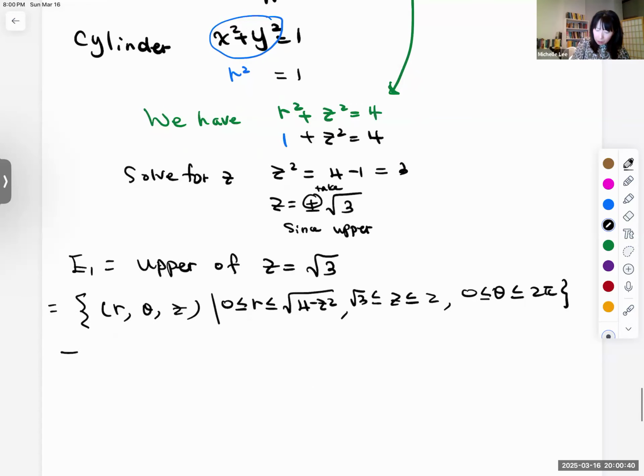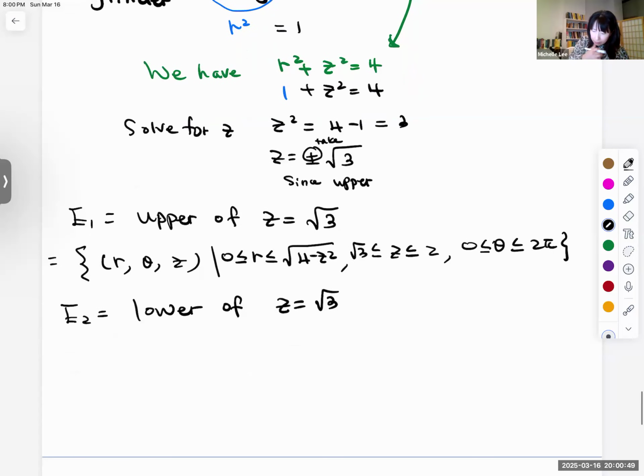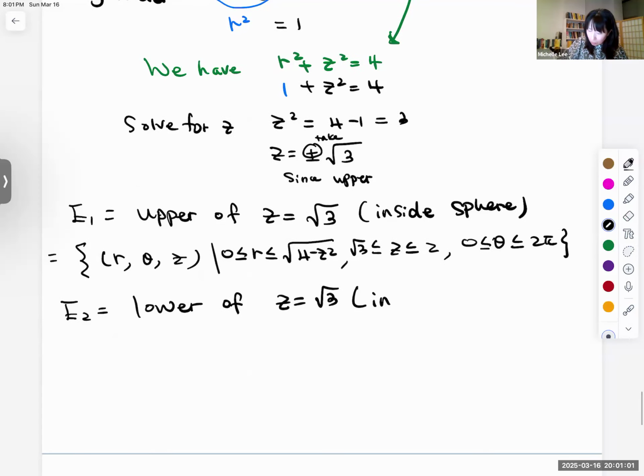Now E sub 2 is the lower, z below square root of 3. So this one is inside the sphere, and this is inside the cylinder.